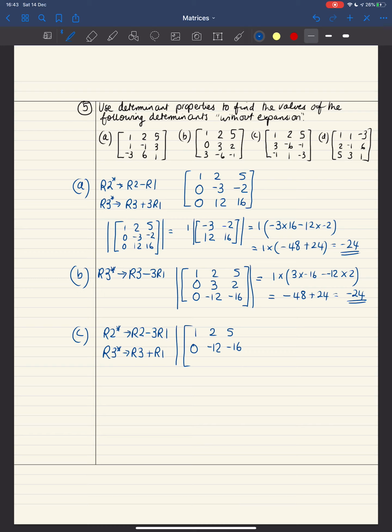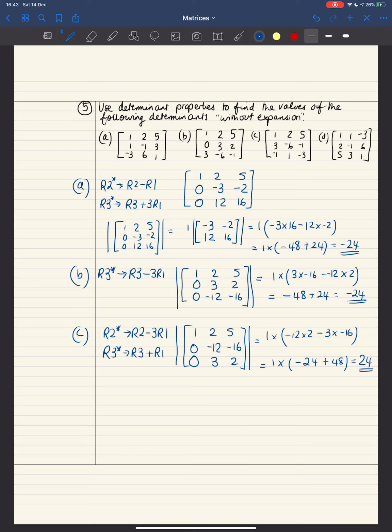And the next one, minus 1 plus 1 is 0, 1 plus 2 is 3, minus 3 plus 5 is 2. So it's going to be 1 times minus 12 times 2 minus 3 times minus 16. So it's 1 times minus 24 plus 48, it's actually plus 24.